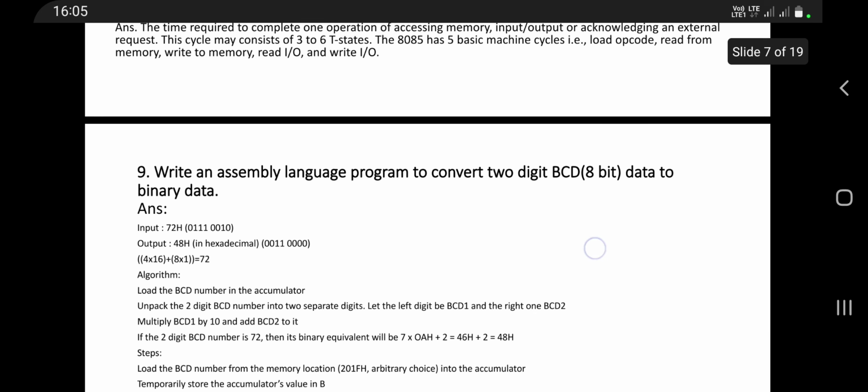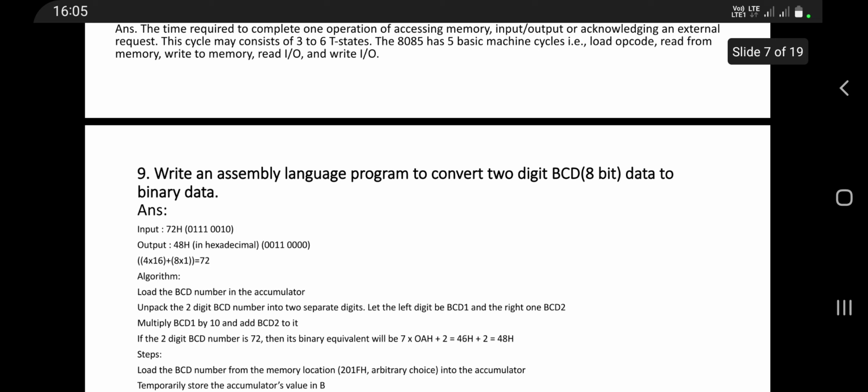A simple program is given here, that is, write an assembly language program to convert 2-digit BCD data to binary data. Here I give an example: we take the input 2-digit BCD data as 72. You know that BCD means binary coded decimal.